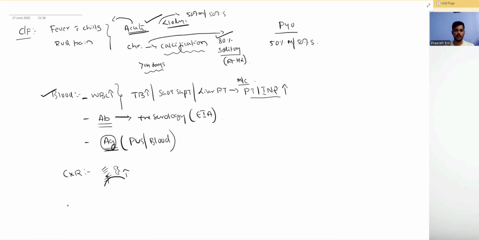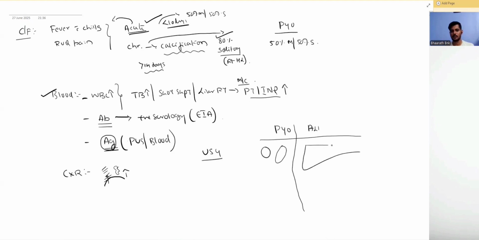Right. And if you take an ultrasound, I told you that in a pyogenic liver abscess, the ultrasound would be showing a rounded lesion or an oval lesion. But here in the hepatic amoebic liver abscess, usually it is an oval lesion at the periphery, right?